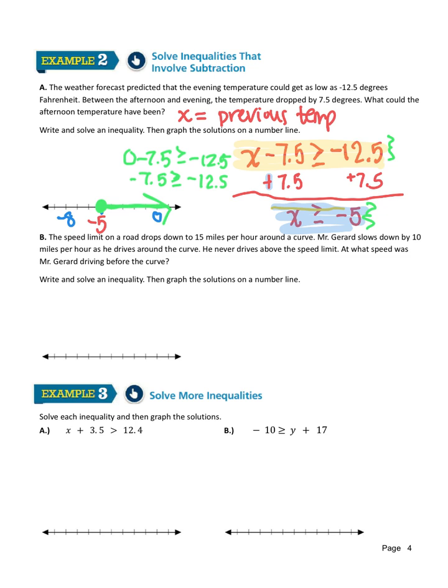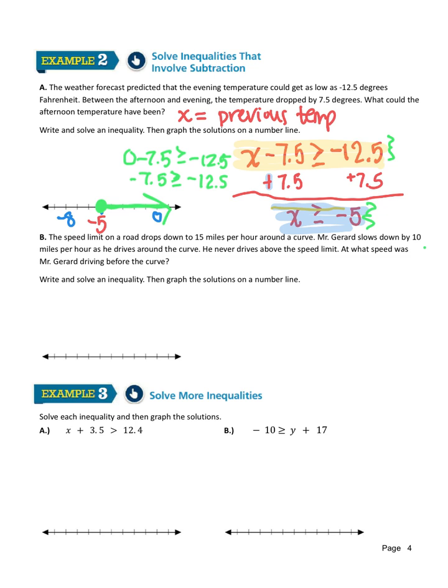Let's try one more word problem. The speed limit on a road drops down to 15 miles per hour around a curve. Mr. Gerard slows down by 10 miles per hour as he drives around the curve.